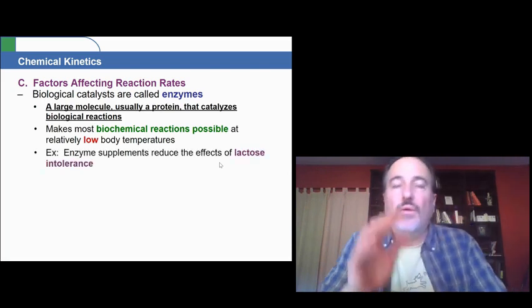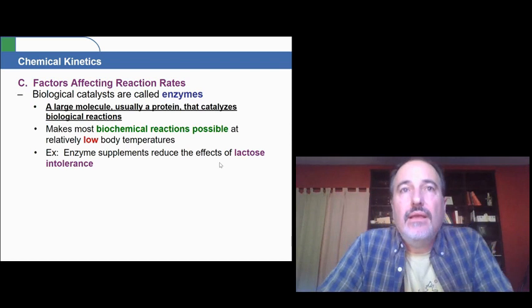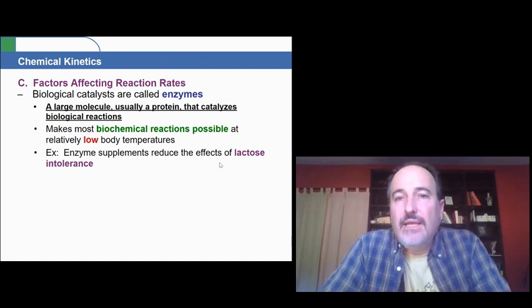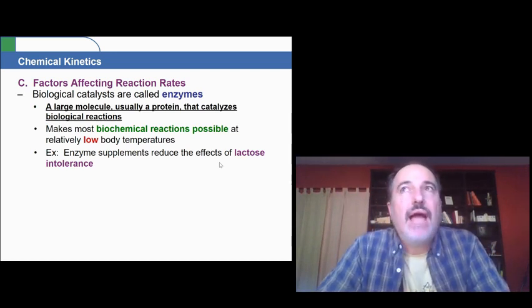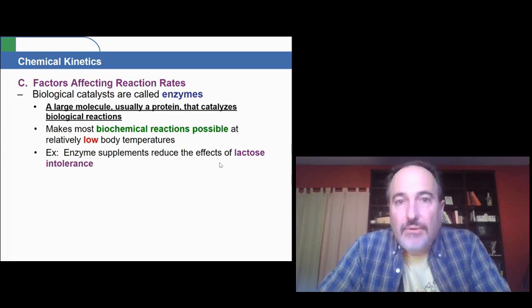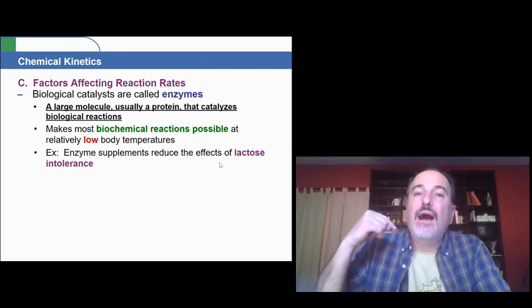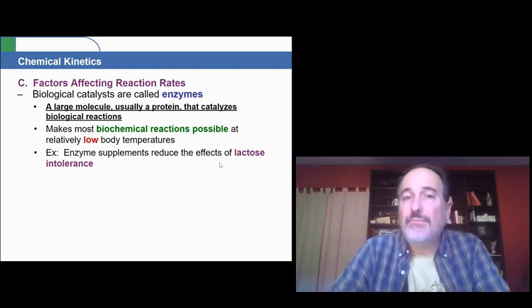And an example of an enzyme might be a special enzyme that certain people produce that allows them to digest lactose, which is the primary sugar in cow's milk. Now, not every person born has that capability.